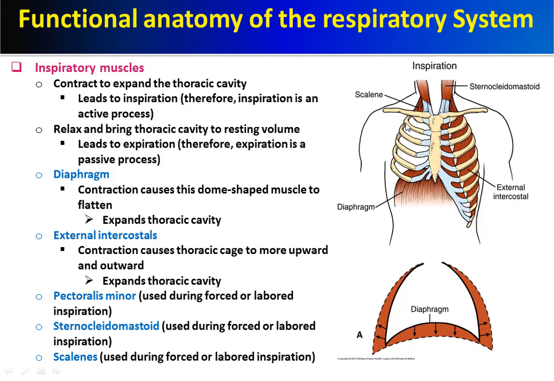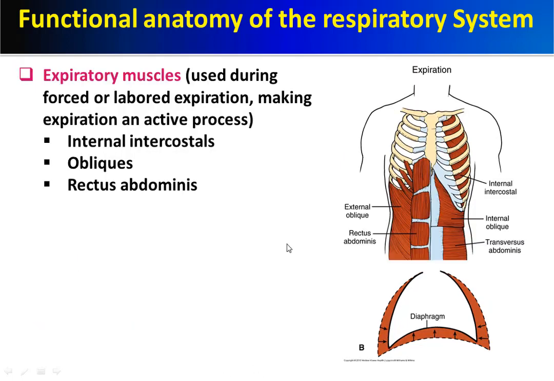We have here muscles in the neck known as the sternocleidomastoids, one on the right side and another on the left side, and these muscles are also not used during normal resting quiet inspiration. Rather, they are used during forced or labored inspiration. And we also have muscles in the neck known as the scalenes. They are also used during forced or labored inspiration.